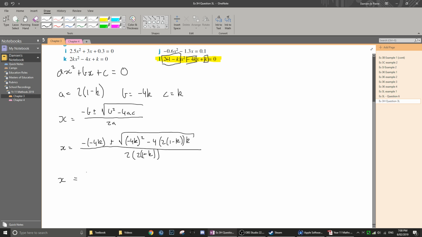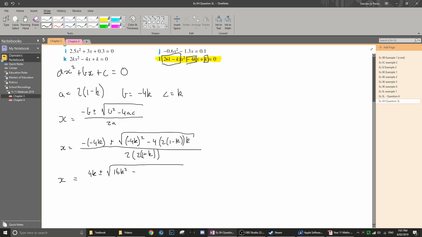So we get 4k plus or minus, let's do the square root. Let's use our indices laws to come in here. The negative 4 squared goes to 16k squared, minus, and what we'll do is expand through this way. We'll expand the 2 in and then the 4 all in one step.